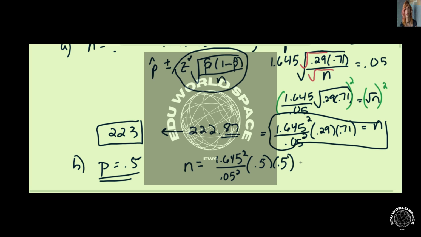When I do that calculation, I get 270.6. Again, regardless of that decimal, we want to round up, so we would need a sample size of 271. That's the maximum sample size you would need in order to have the confidence interval have a 5% margin of error. So that completes that question.